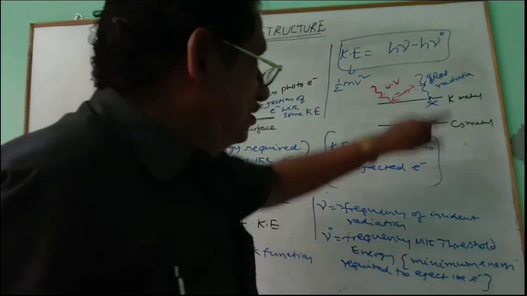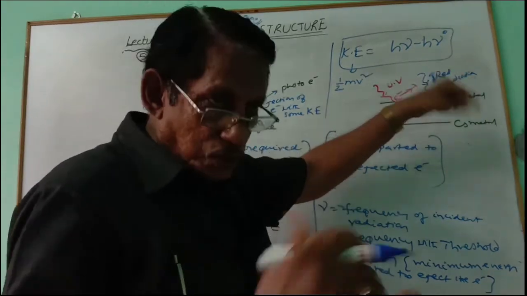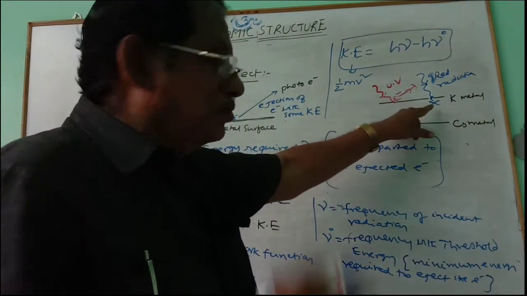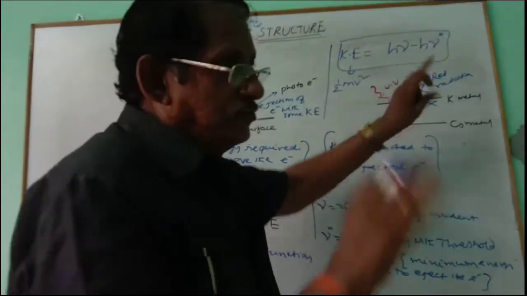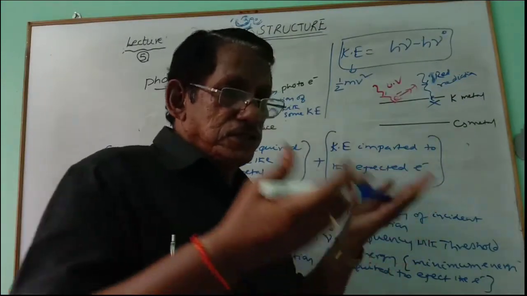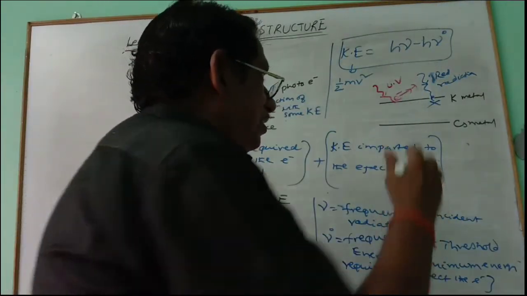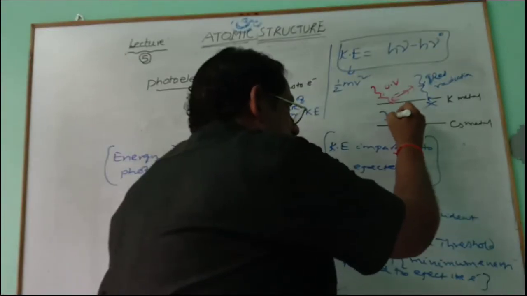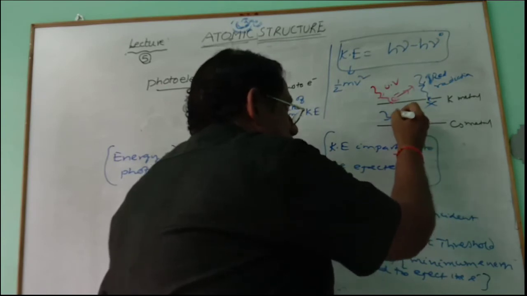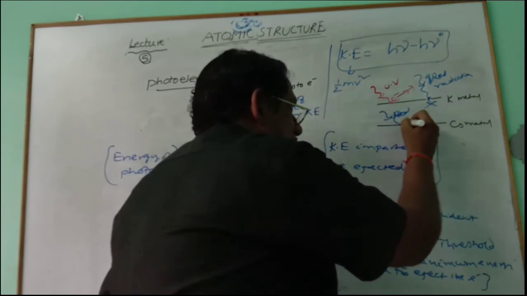That means the energy associated with the red radiation is low, and that energy is not sufficient to reach the threshold value, and so the electron will remain there. Whatever energy is received is internally used to get the excited state, that's all. Electron is not ejected. On the other hand, if you make the red radiation fall on cesium metal, electron will be ejected.